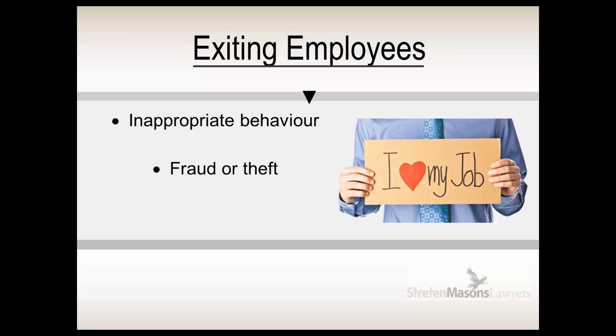So inappropriate behaviour, the classic example is an intoxicated staff member at a work function doing something untoward to another staff member, or doing something untoward in front of a large group of people. You've probably all heard the stories.